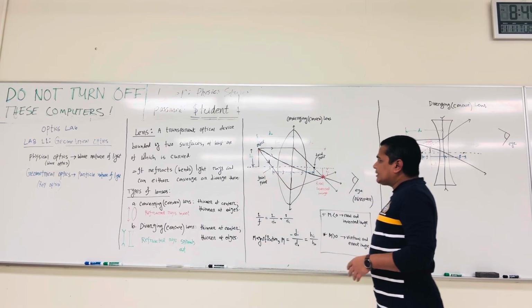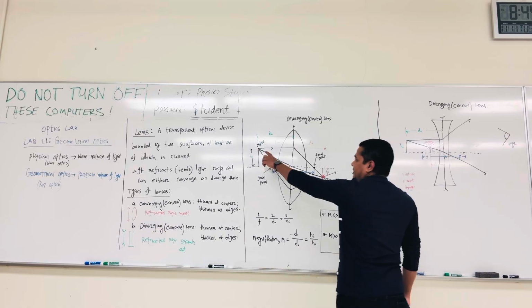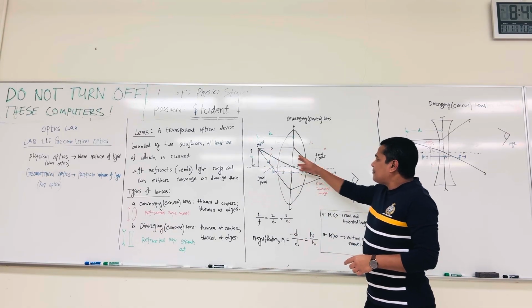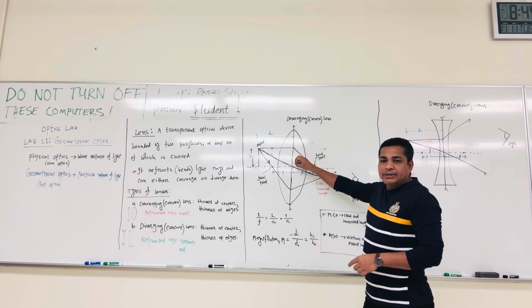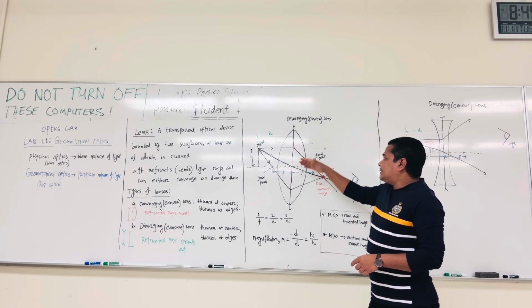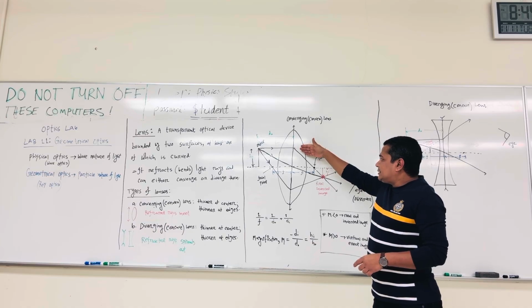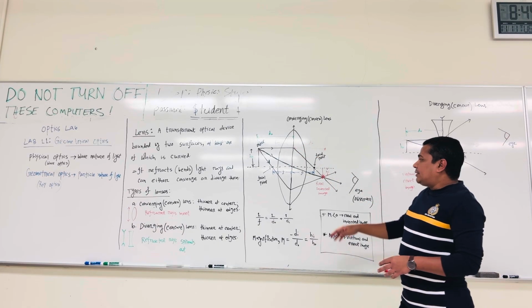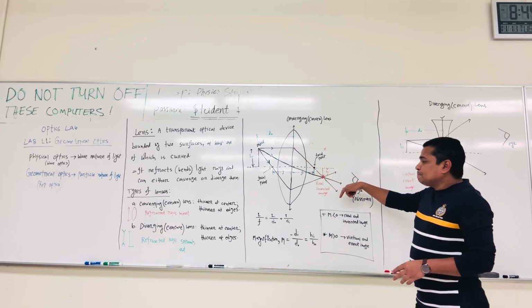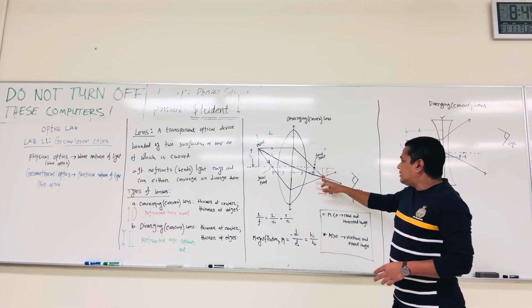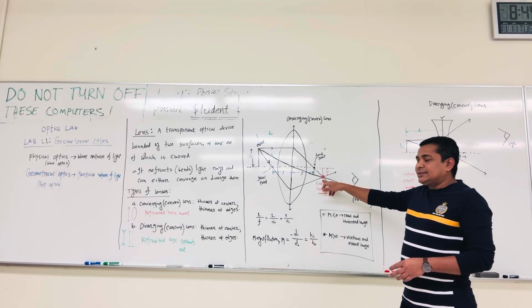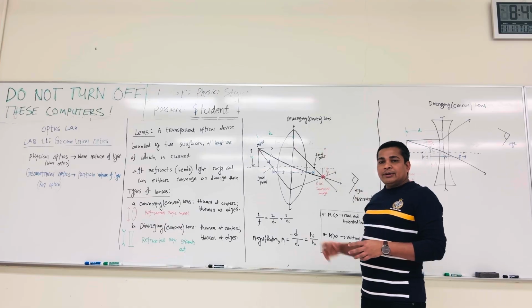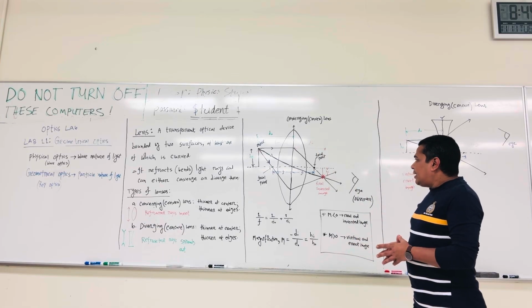From this object, the rays of light are incident on this converging lens and refracted through it. After refraction, these rays meet at this point, so they converge at this point. That's why this is called a converging lens.